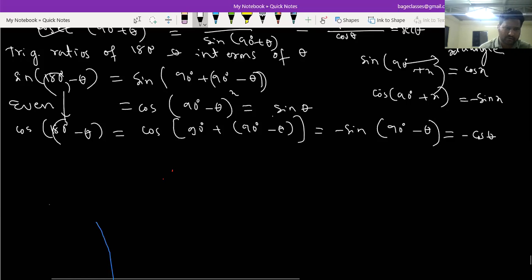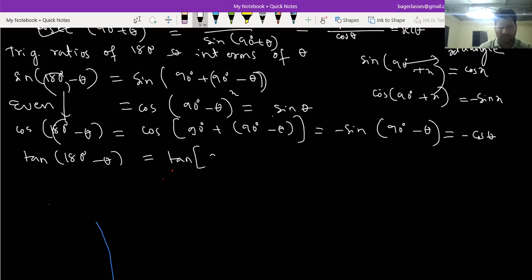Then now we go to tan 180 minus theta. So tan of 180 minus theta is equal to tan 90 plus 90 minus theta. This is equal to tan 90 plus theta. Observe that 90 plus means second quadrant.